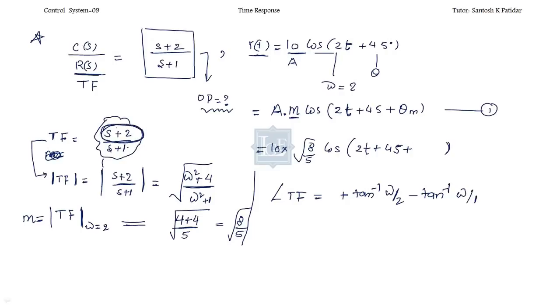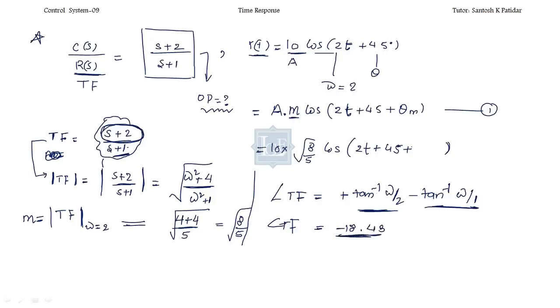This, numerator will provide plus tan inverse omega by 2, and this will provide minus tan inverse omega by 1. Okay, so if you put omega equal to 2 over here, you will get TF is minus 18.43.